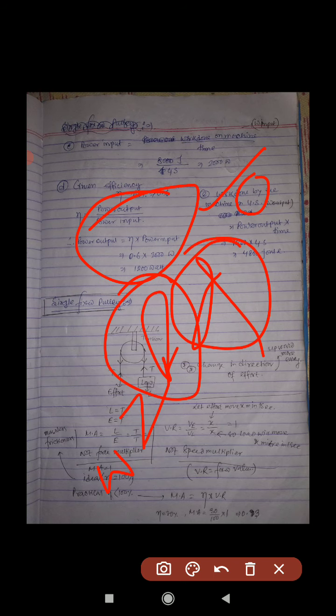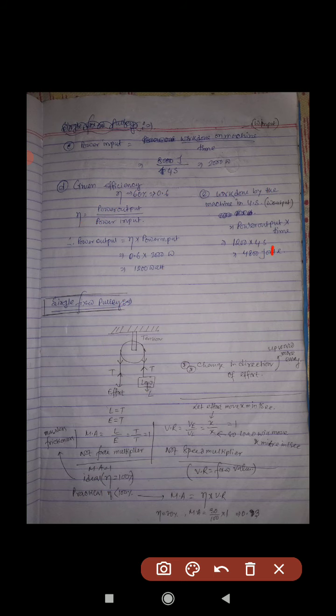Force is also not given, and the work done by the load is also not given. So that's why for work done by the machine we will use this formula, power output into time, and that is equal to 1200 into 4 joule, 4 second, is equal to 4800 joule. I think students you can understand, 1200 watt into 4 second is equal to 4800 joule.